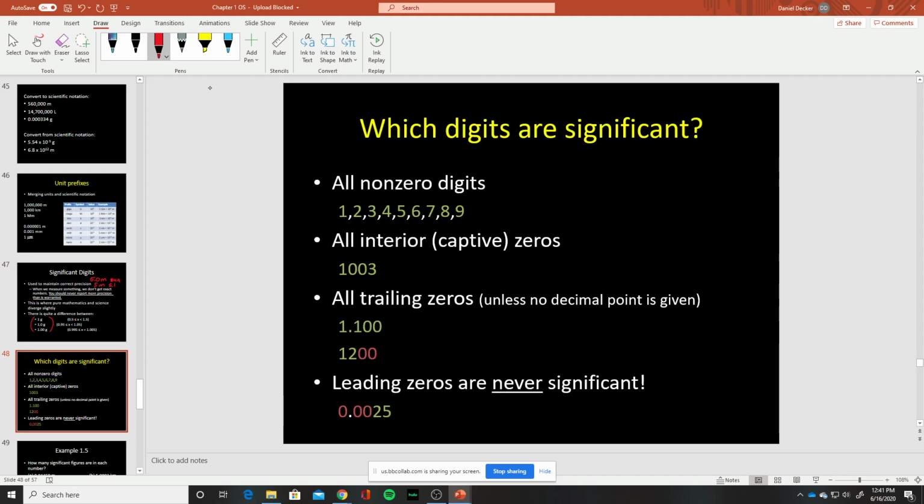And so when we're actually looking at digits, writing numbers down, or reading numbers out of a book, certain numbers are significant and certain ones aren't. Any non-zero digit is always going to be significant. So 1 through 9 is always significant. The zeros are the ones that are a little bit different, depending on where they are.